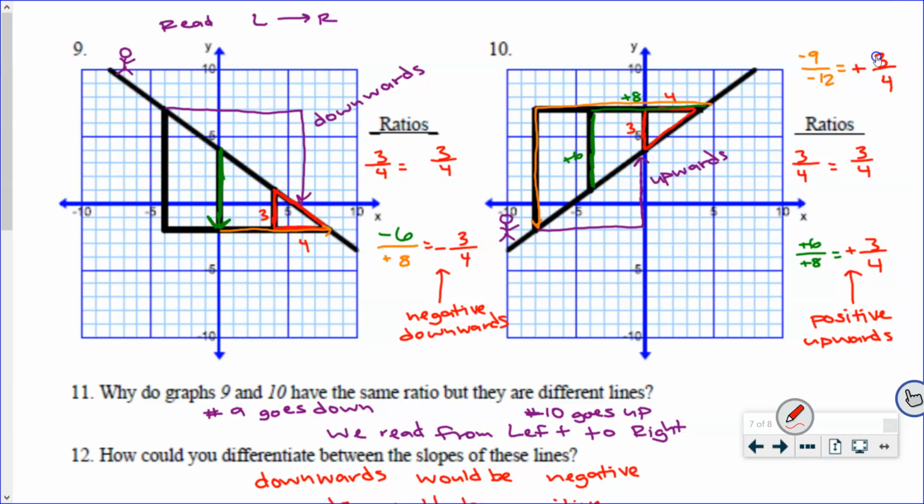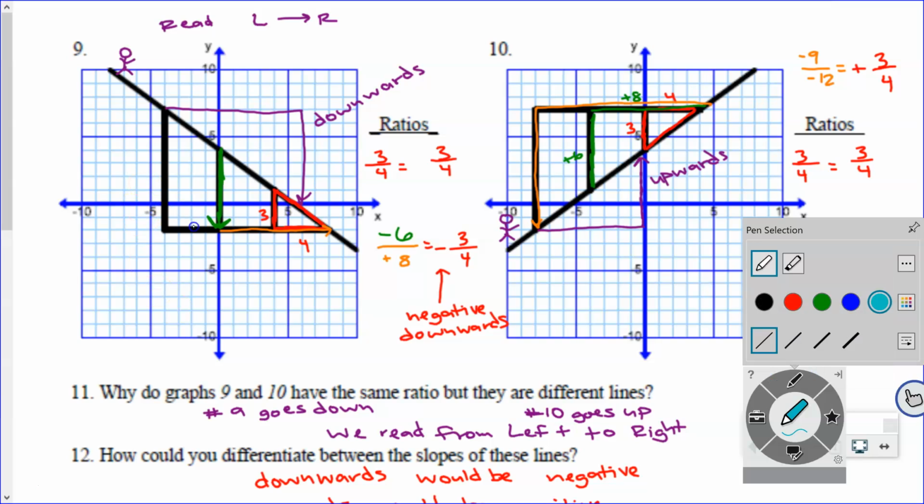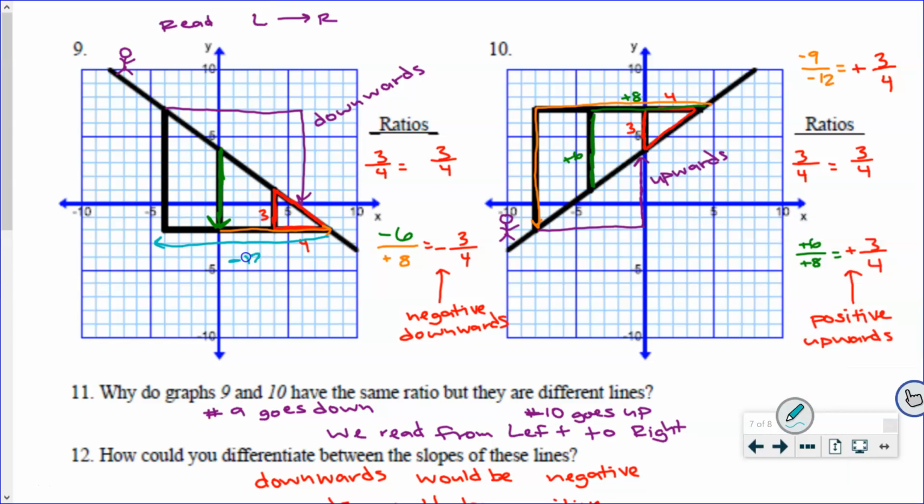And again, I'm going to be a silly goose and make a silly mistake here just so that you guys can see. Let me switch to this color now. What if here I did the same thing and I went left for my run? That's going to be a negative 12. But then I would have to go which direction here? Up is a positive, and that's going to be +8. So what if I did that?